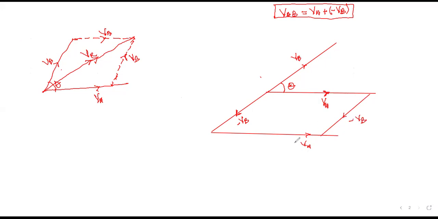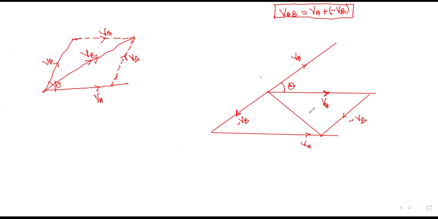Okay. So after doing that, look at the directions, minus VB and VA. You can clearly see that their resultant direction, VAB, is coming along the diagonal to here.